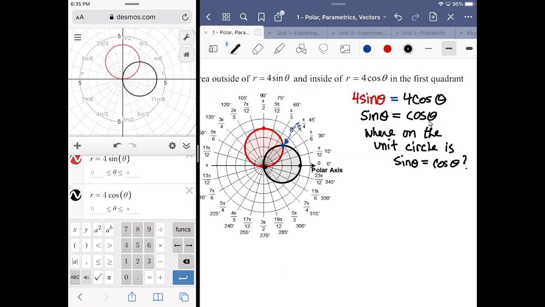Now, also, we have to keep in mind that we're focusing on the interval 0 to pi, right?